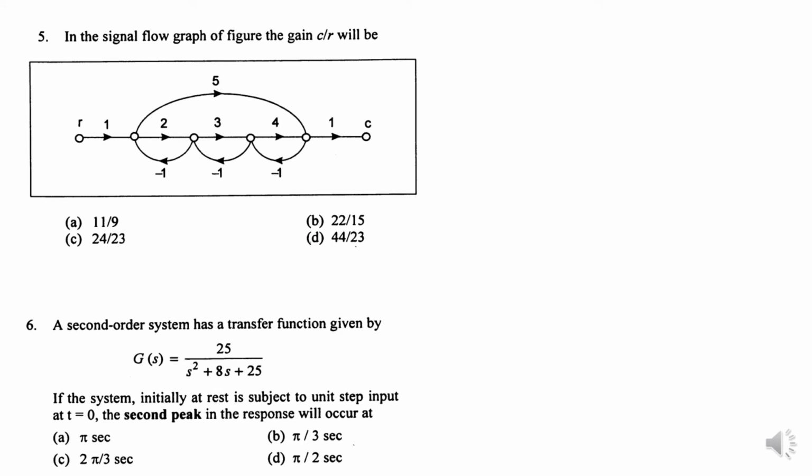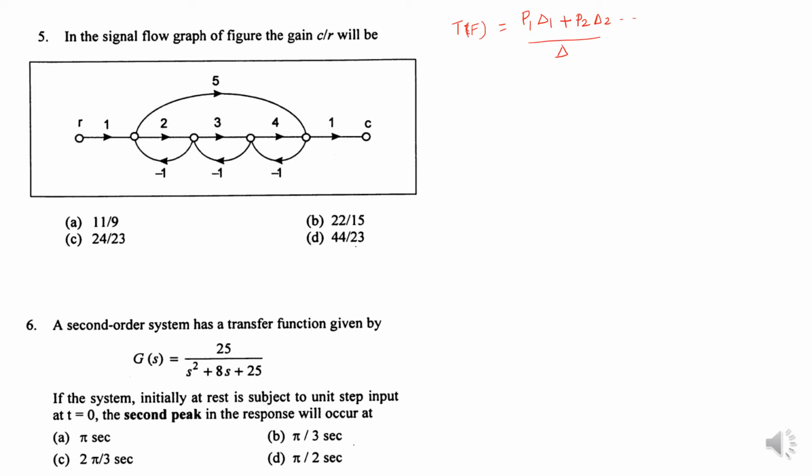Next problem, in the signal flow graph of the figure, the gain C by R will be. In a signal flow graph, how to find out the overall transfer function? The transfer function is equal to P1 delta 1 plus P2 delta 2 and so on, divided by delta.